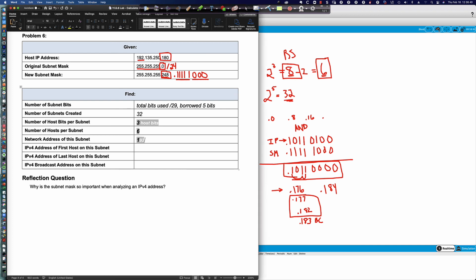So 192.135.250, and what are we doing here? The network address is 176. There we go. IPv4 address of the first host is 192.135.250.177. I keep saying 168, and was I writing 168 somewhere else?